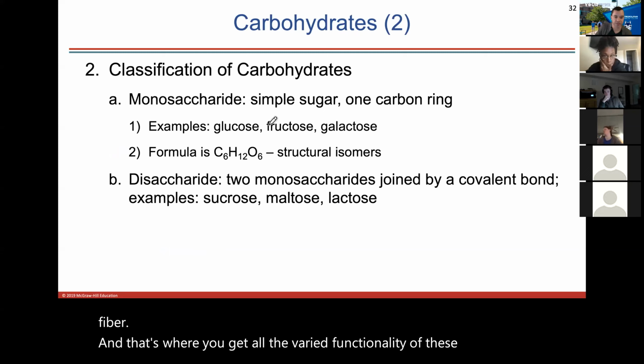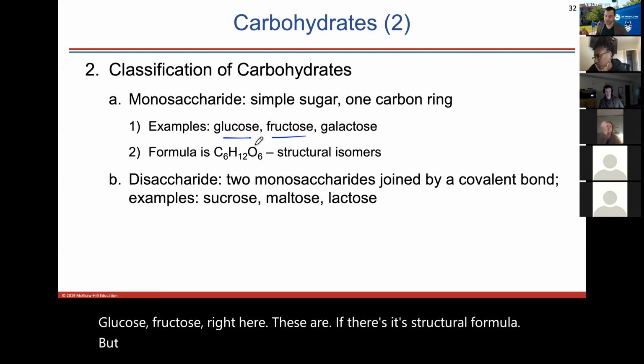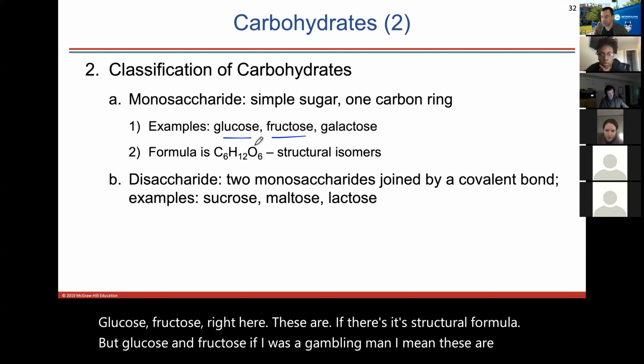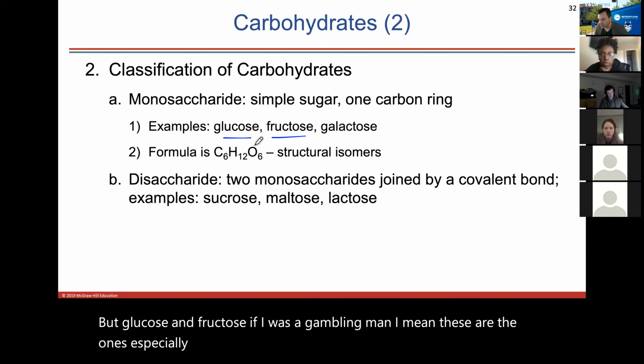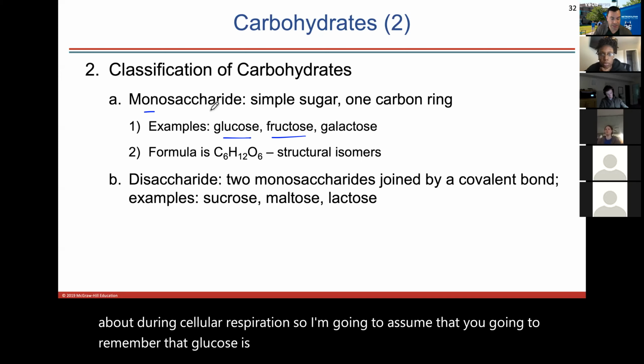Glucose, fructose right here, and there's its structural formula. If I was a gambling man, these are the ones, especially glucose. That's the one we're going to be talking about during cellular respiration. So I'm going to assume that you're going to remember that glucose is a carbohydrate and glucose is a monosaccharide.